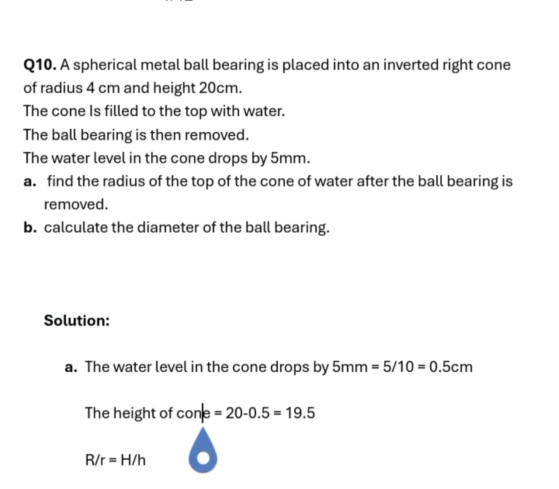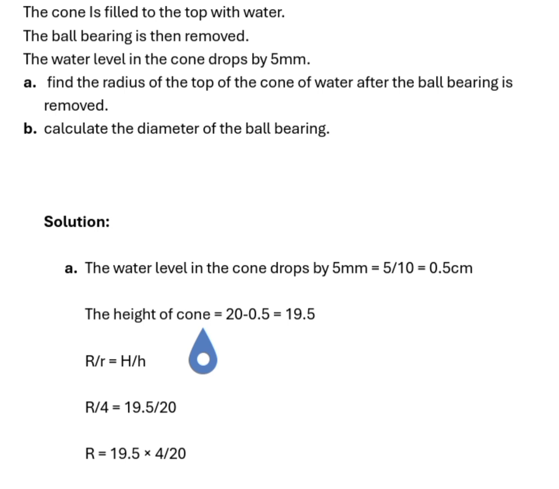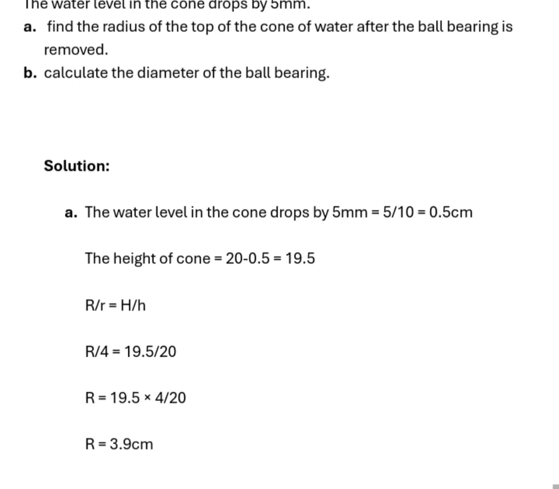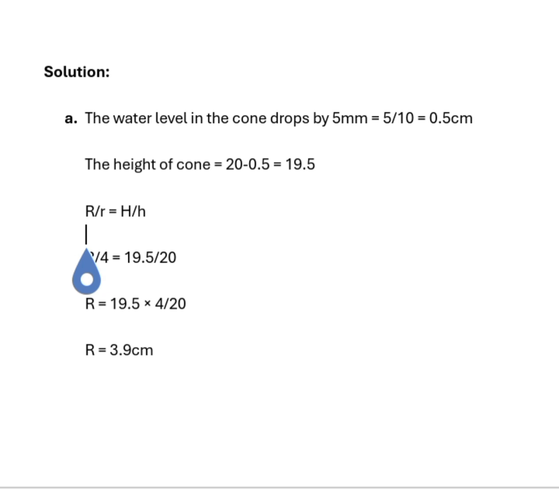After the ball bearing is removed, we take the radius as capital R, and the height as capital H. Capital H after the ball bearing is removed is 19.5.